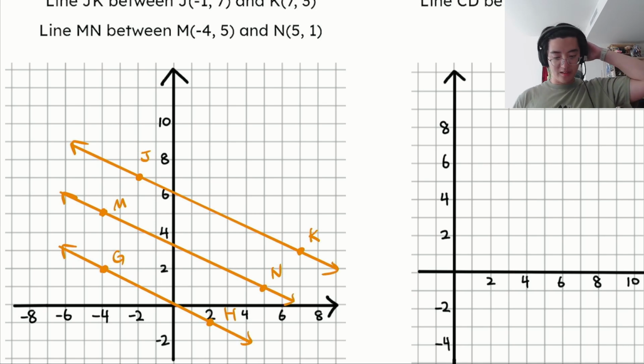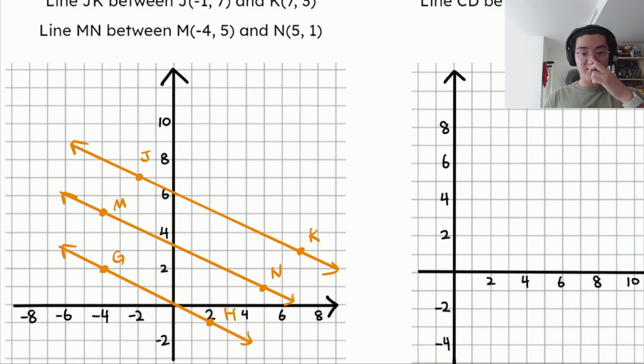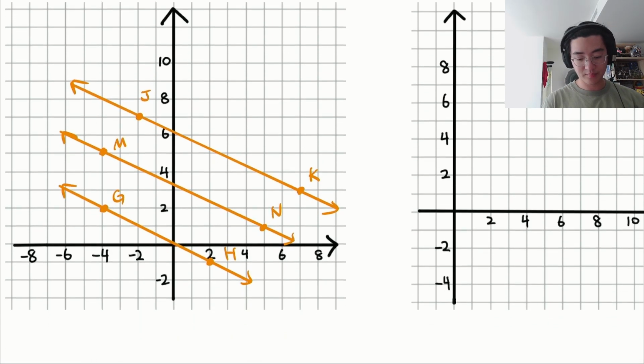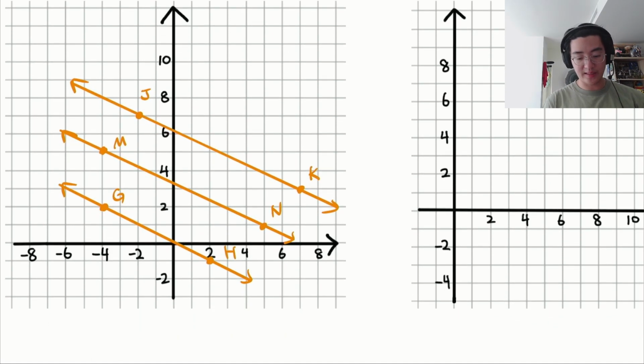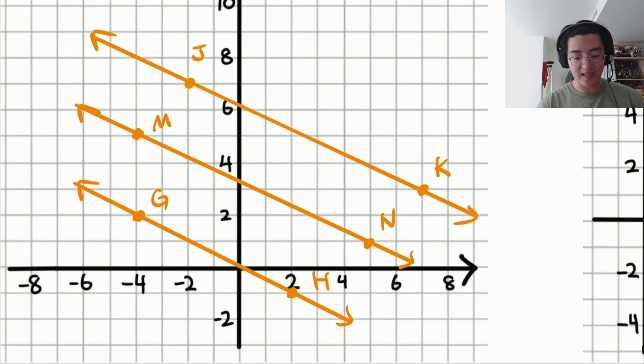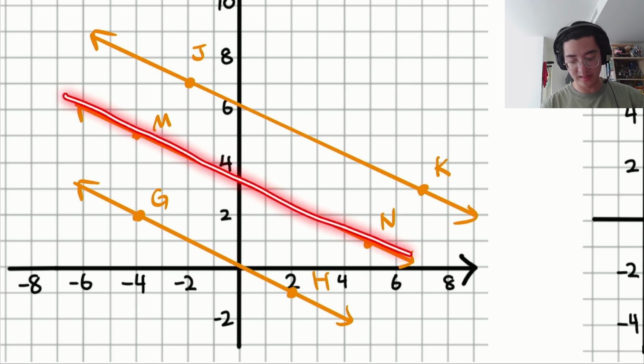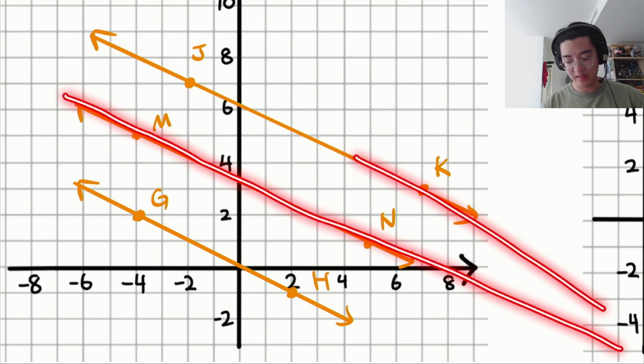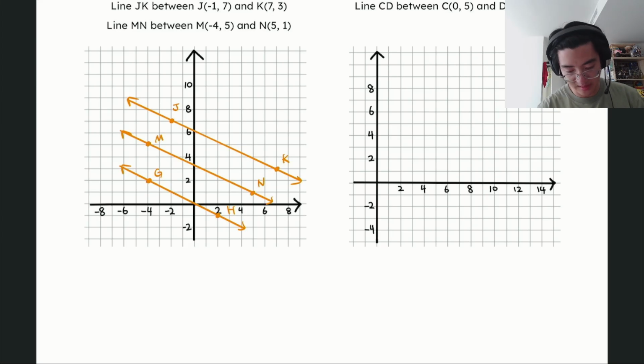Okay, and we kind of notice something here, right? It's very, very slight, but you can kind of see that this MN line right here is tilted ever so slightly, so that if it keeps going, realistically, the two lines will cross.